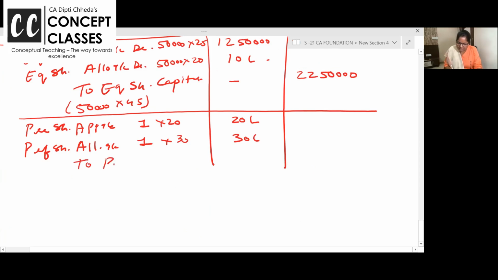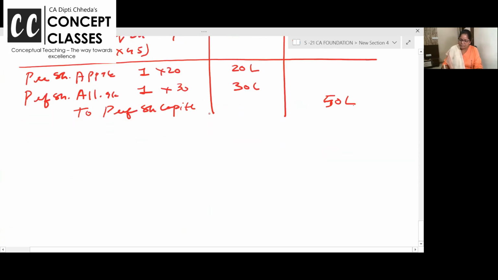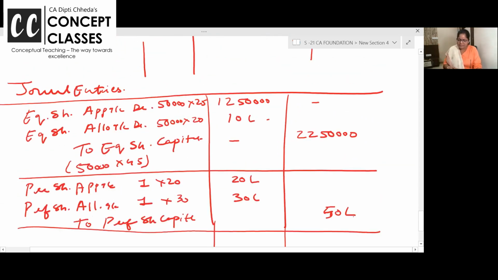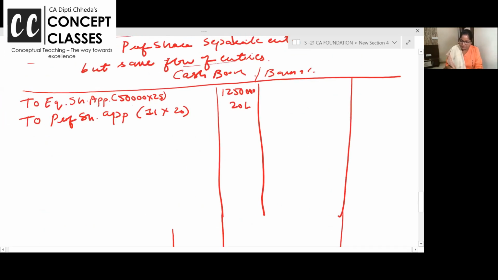And all this credit to preference share capital. Till finally you have these logical entries. Of course at a little higher level, but so beautiful. Preference share capital, your application is transferred to capital and allotment has become due. Now, can I receive the allotment money? Answer is yes. Aajao.